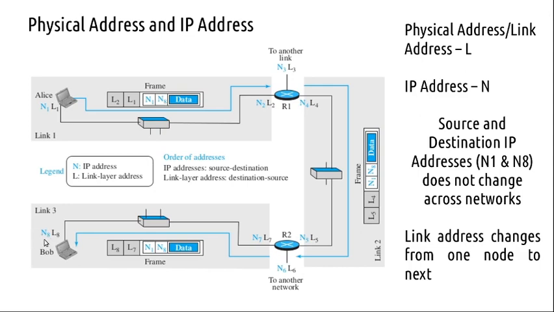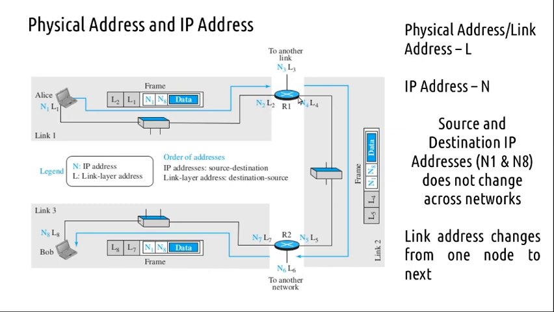This IP part is put in the data part of the frame, obtained from your network layer. L1 is the link address, the MAC ID of Alice's machine, and L2 is the physical address of the node which connects it to the rest of the network. So this R1 has the physical address L2.